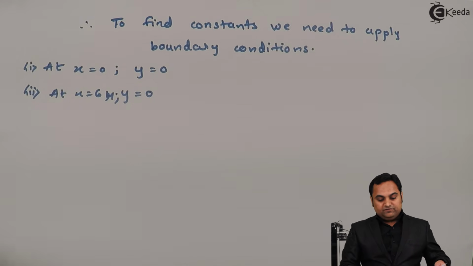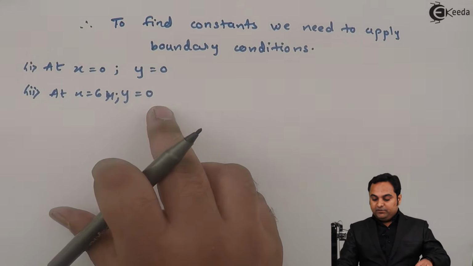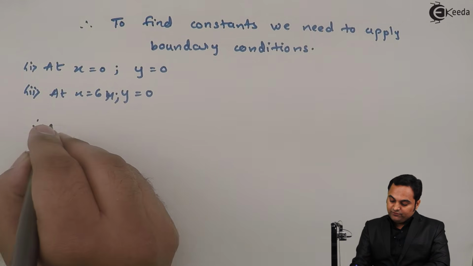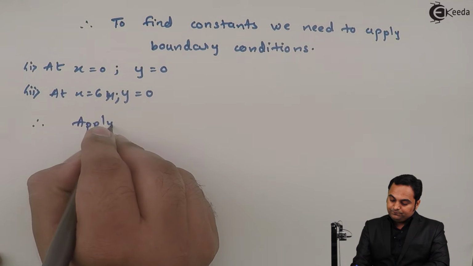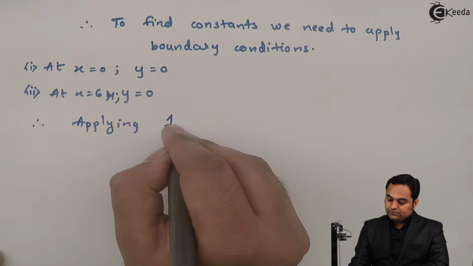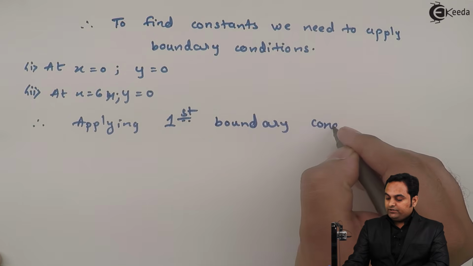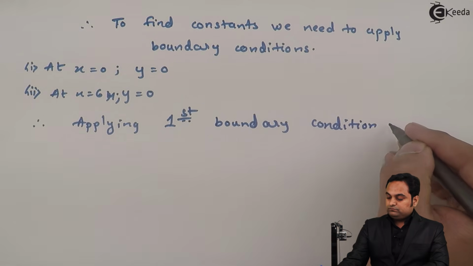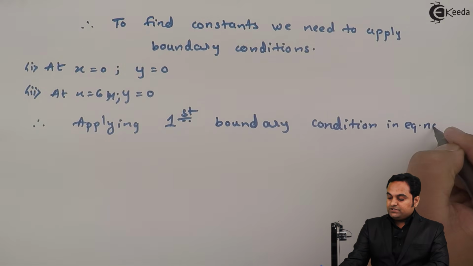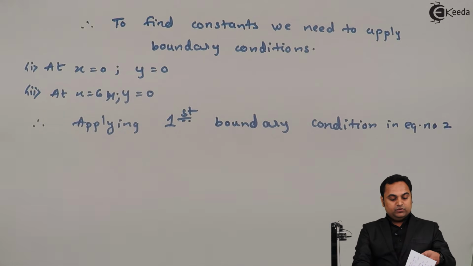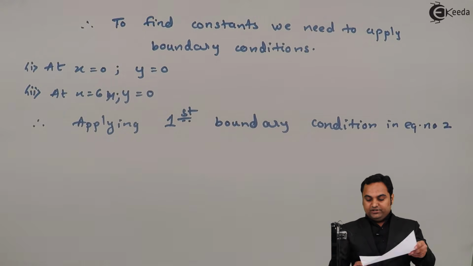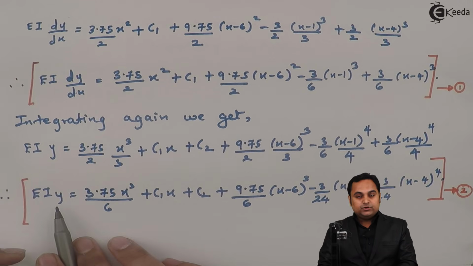So now after this we'll apply the boundary conditions one by one. Applying the first boundary condition in equation number second, because we have the equation of deflection and the boundary condition shows deflection y.